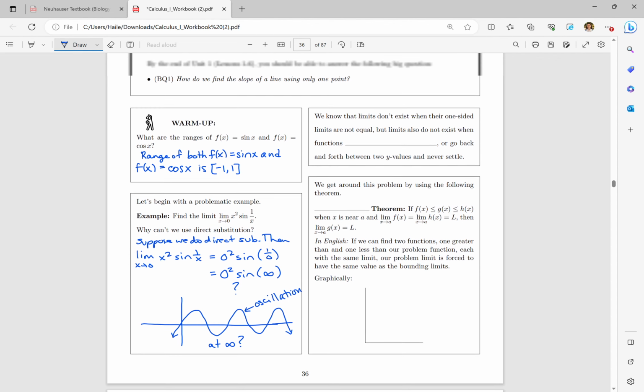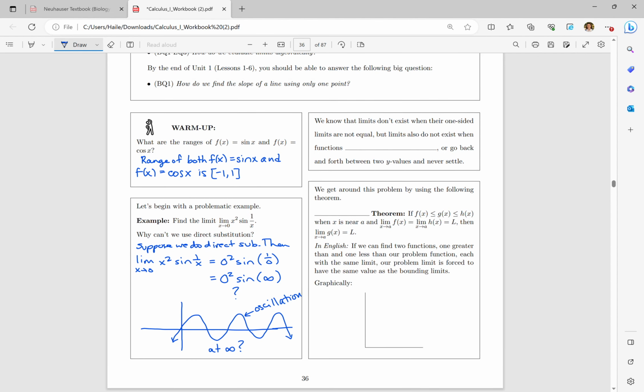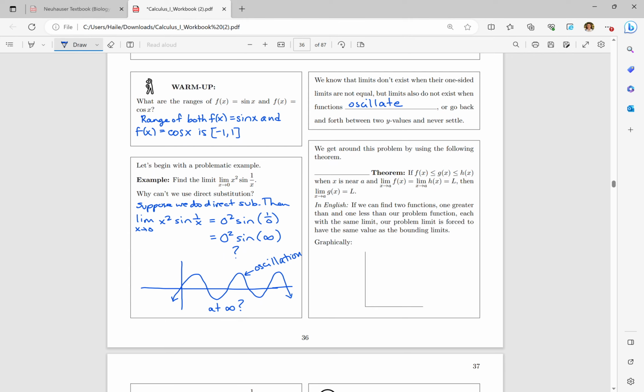We've seen before that limits don't exist when their one-sided limits aren't equal, but this is actually another way that limits don't exist: when they oscillate, going back and forth between two y values and never settling. So we need a way to get around this problem because we still want to solve the limit.